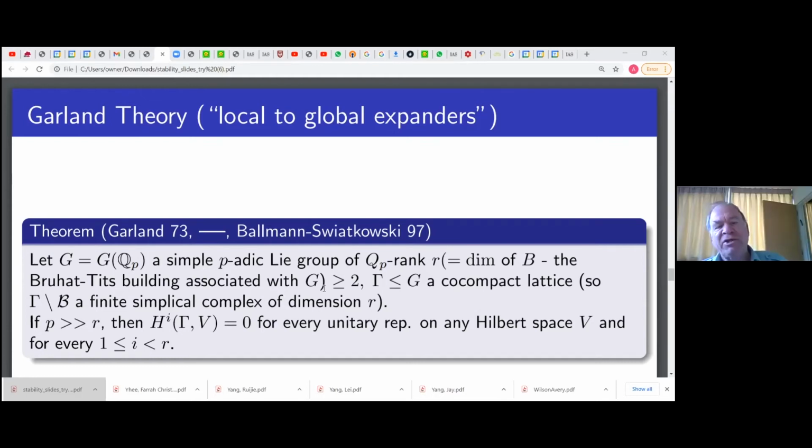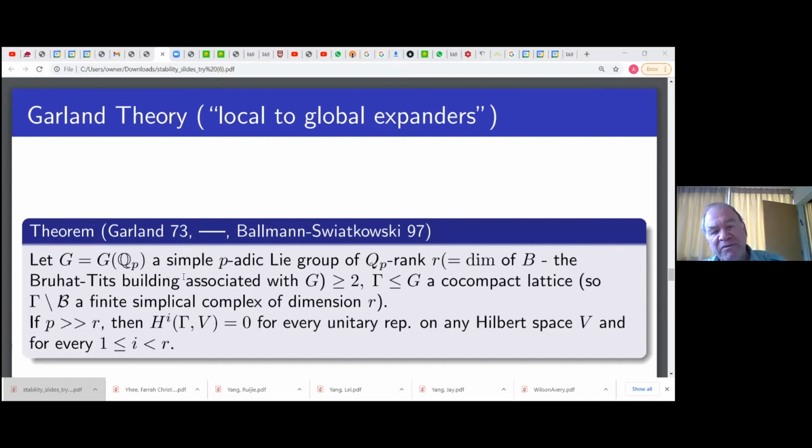Bruhat-Tits developed such a theory over the p-adic numbers, and there G mod K is not a Riemannian manifold, but rather a discrete object, an infinite contractible simplicial complex, nowadays called the Bruhat-Tits building of G, whose dimension is equal to the rank R.